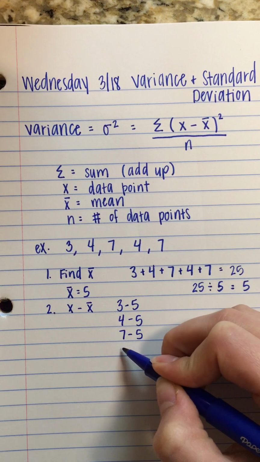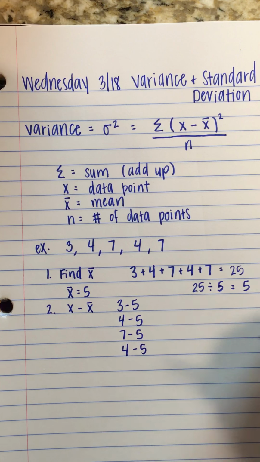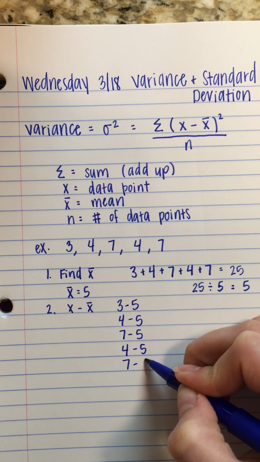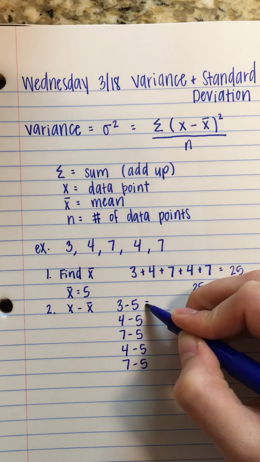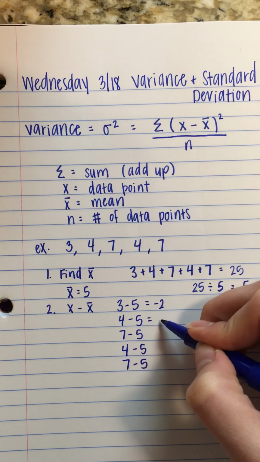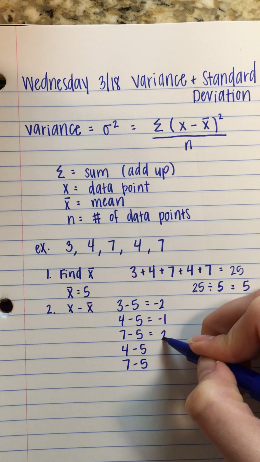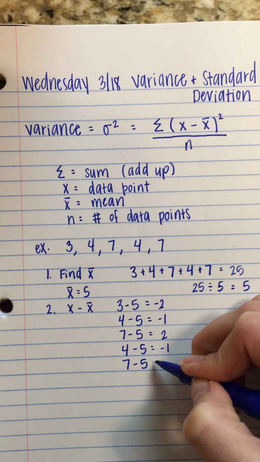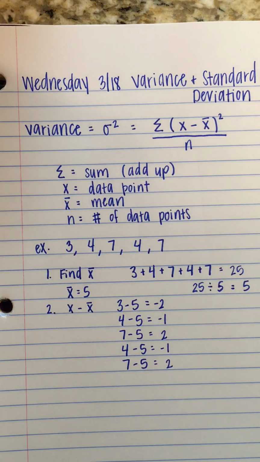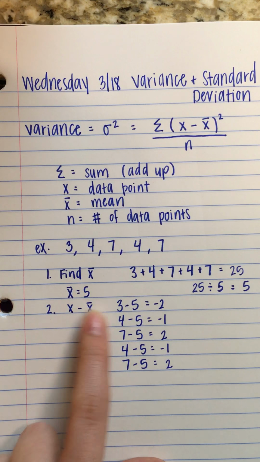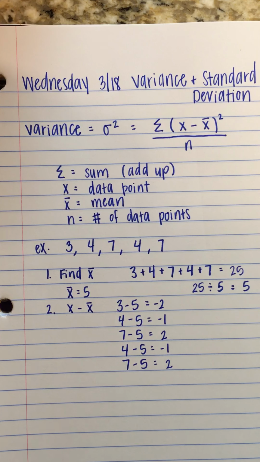I'm just going through every single one of my data points here. So I haven't done anything crazy yet. All I did was subtract. I took every data point and I subtracted the mean.